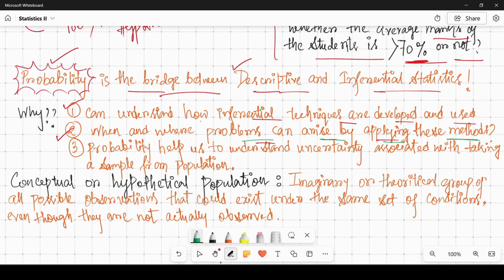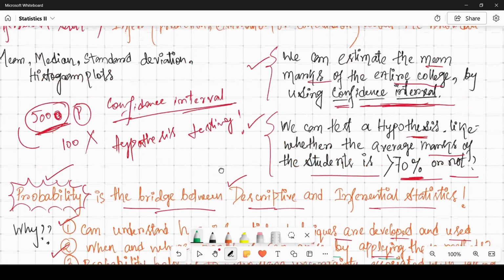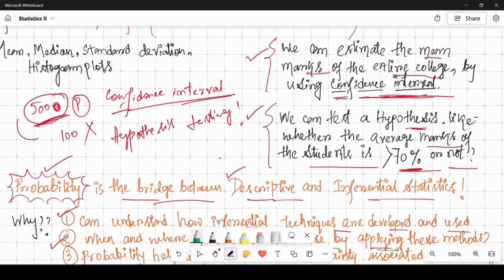It means that let's say we are having a question and we have the knowledge of probability. Now we want to implement a specific inferential technique. Now our focus is on, let's say we are having this second question, hypothesis.